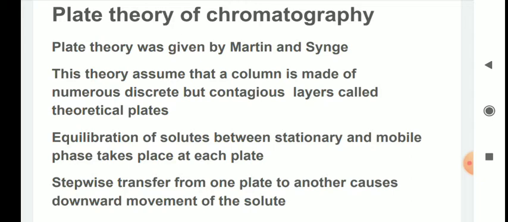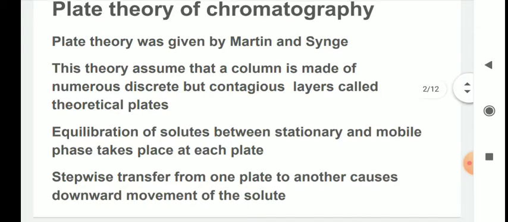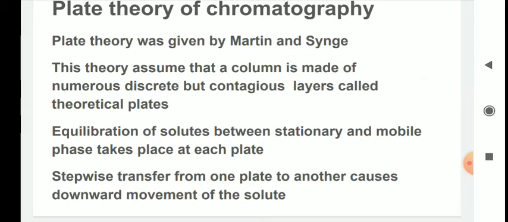At every plate, the sample component will get transferred from the mobile phase to the stationary phase, and then when they come back to the mobile phase, they will move down because the mobile phase will carry them down. Then they go to the next plate.